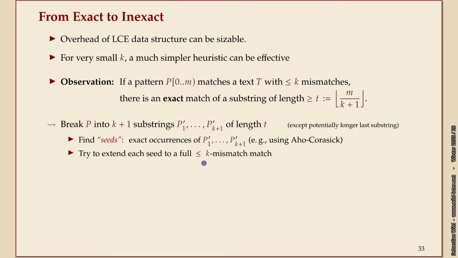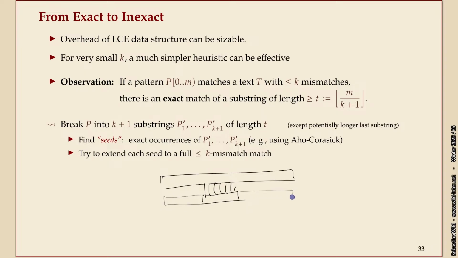For example, if this is the portion of the text and you found that this fragment matches exactly, then you know that the pattern continues to the left and right a little bit. So you just compare the other characters and count how many mismatches you have. That's easy to do. Now, the hope is that you don't have too many seeds that don't also correspond to some actual match you want to output.